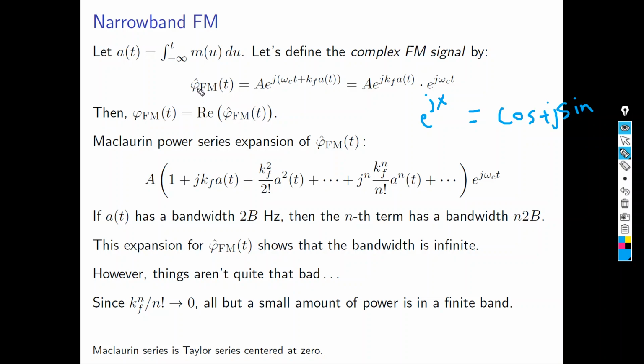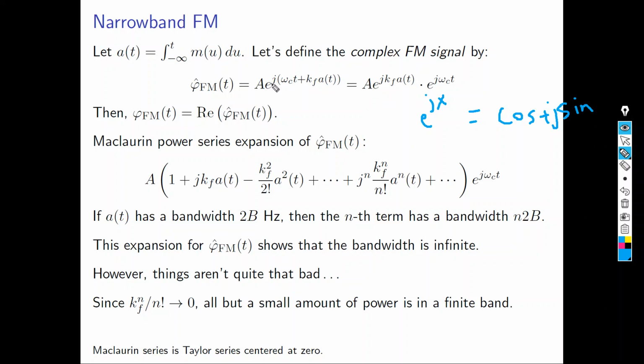So the frequency modulated signal, phi of t, for the FM modulated signal is equal to A, which is the amplitude, e to the power j omega c t plus kf alpha a of t, which is the integration of the message.